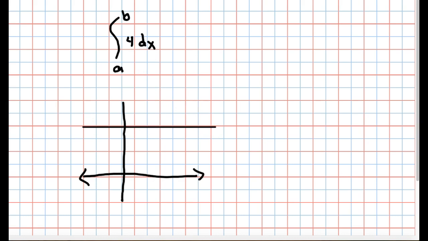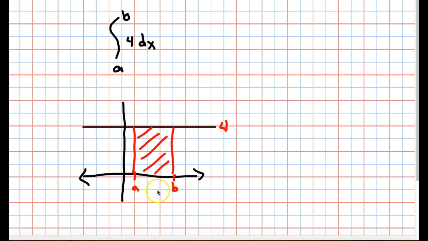And now I want to evaluate this from a to b. I have no idea where a and b are. I can really put them wherever I want. Okay, but this is just kind of a visual of what's going on. All right, so let's see, we'll label this as 4. So the height of this rectangle is 4, but the width, okay, I don't know the width.